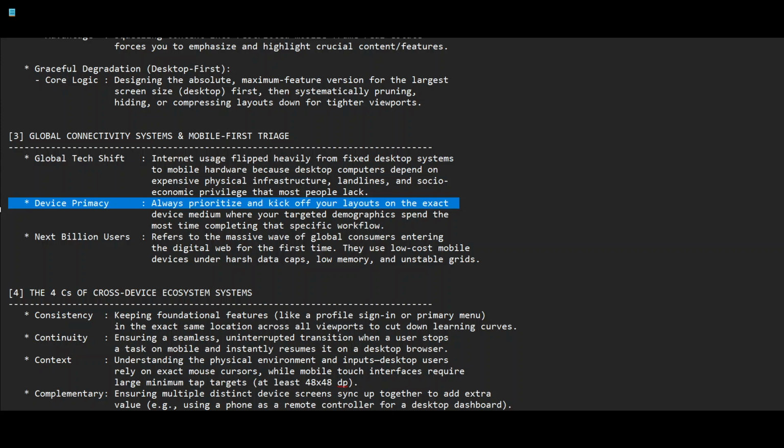Okay? Then device primacy: always prioritize and kick off your layouts on the exact device medium where your target demographics spend the most time completing that specific workflow. So yeah, the obvious thing is, where your target audience spends more time, you have to design for that place.